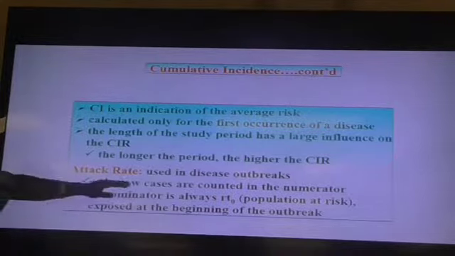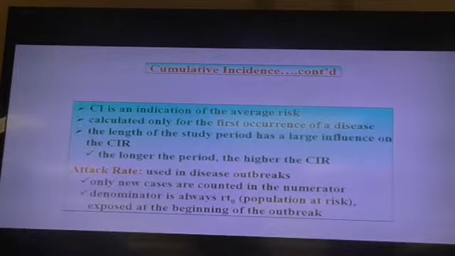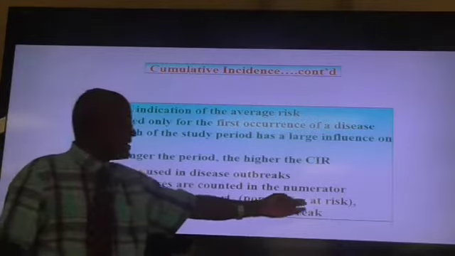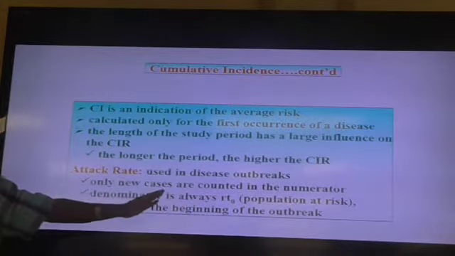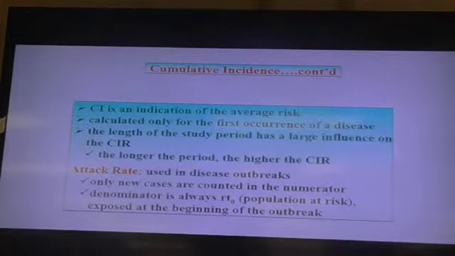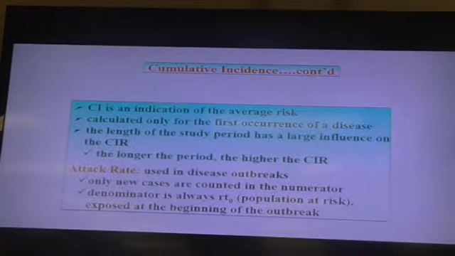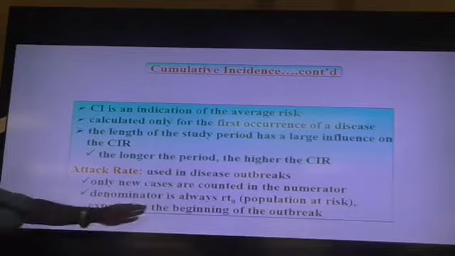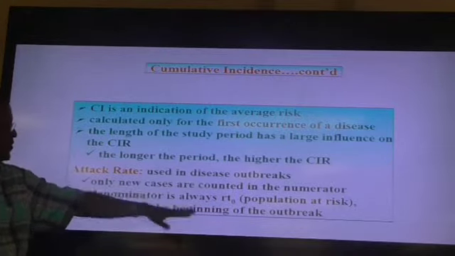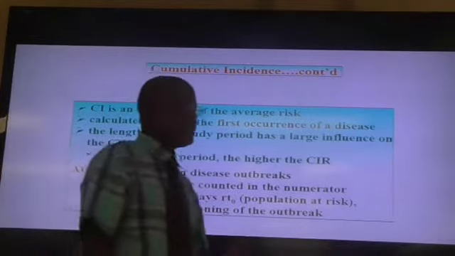In the same way, we look at only new cases in the numerator, but the denominator in attack rate always remains the at-risk population, the initial at-risk population. That means population at risk at the beginning. So that's what attack rate is. It will not change. You don't calculate average population for attack rate. It always remains population at risk exposed at the beginning.